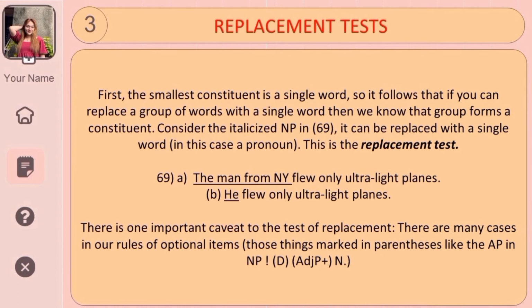AP stands for adjective phrase while NP stands for noun phrase. A noun phrase is a phrase that acts as a noun, whereas an adjective phrase is a phrase that acts as an adjective. Thus, an adjective phrase modifies a noun, while a noun phrase functions as an object, subject, or complement in a sentence.